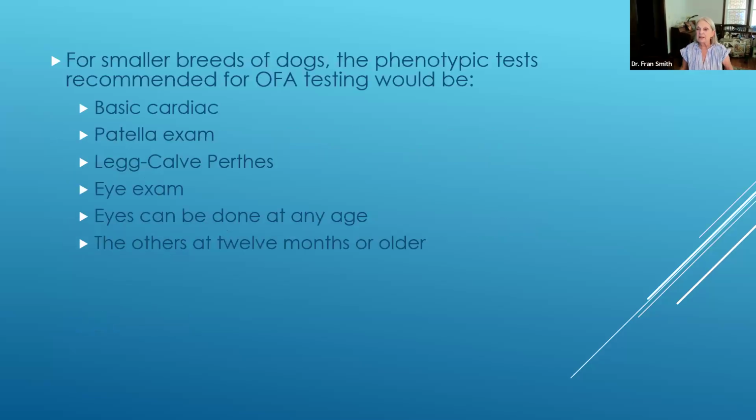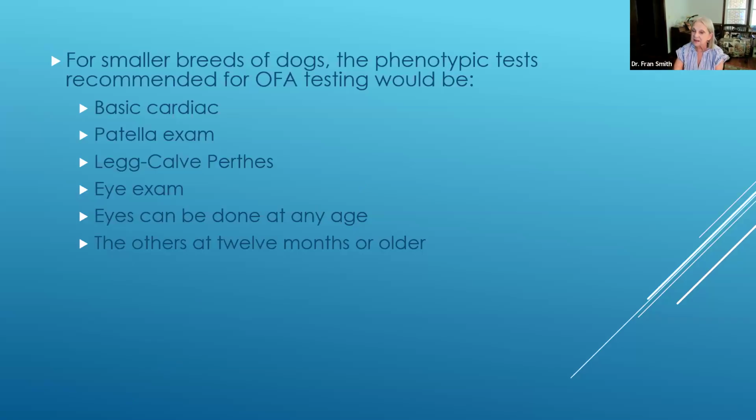For smaller breeds of dogs, the phenotypic tests that we would recommend, so this is for all of you who breed any of the little fluffies, any of the hybrids, whether that be Maltipoos, Cockapoos, I know they're not Goldendoodles, but any of the smaller ones, would be a basic cardiac exam, an exam checking the dog for patellas, Legg-Calvé-Perthes disease.